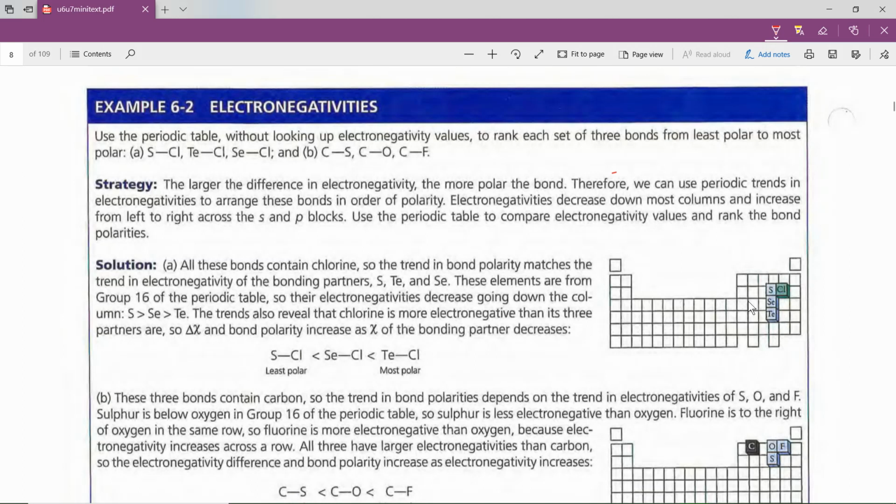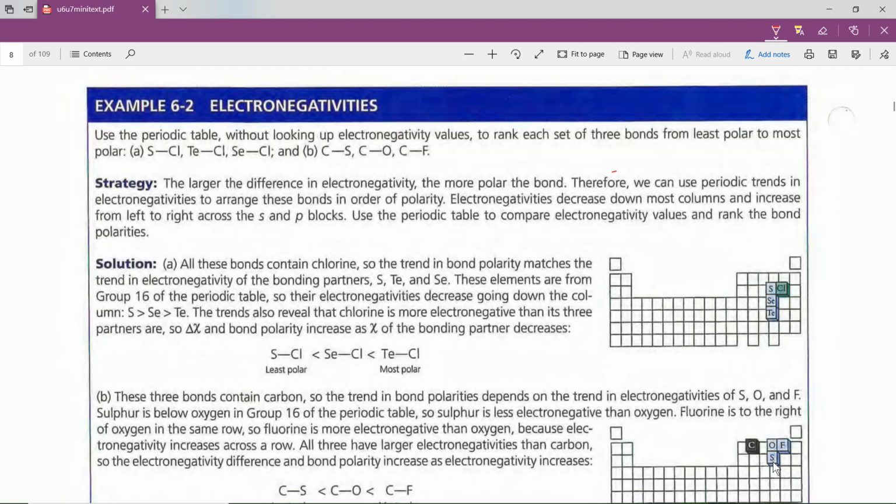The next one we got CS, CO, and CF. Okay, CS, well, that's in a different row. Sulfur is less electronegative than oxygen, so CS is going to be the greatest difference. Well, let's see. Let's look at some other things here. Greatest difference. So why do they have CS there? Let's go up here.